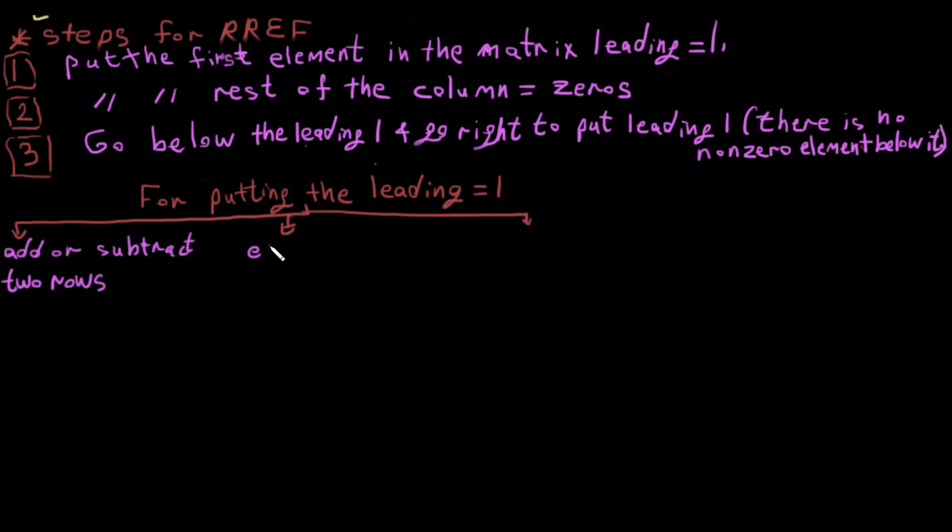Here you can exchange two rows, and the third condition here, multiply or divide a row, sorry, not a column, of course, a row, by a number.